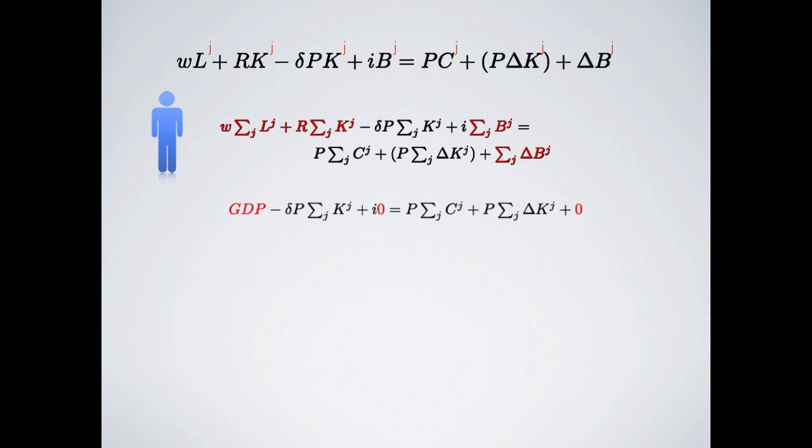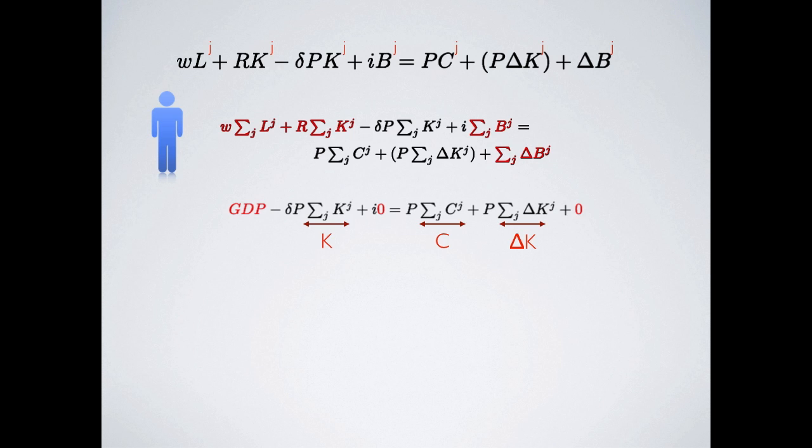Now we use capital K to denote the summation of all households' Kj, capital C to represent the summation of all household consumptions, and delta K to represent the summation of each household's capital investment, delta Kj.